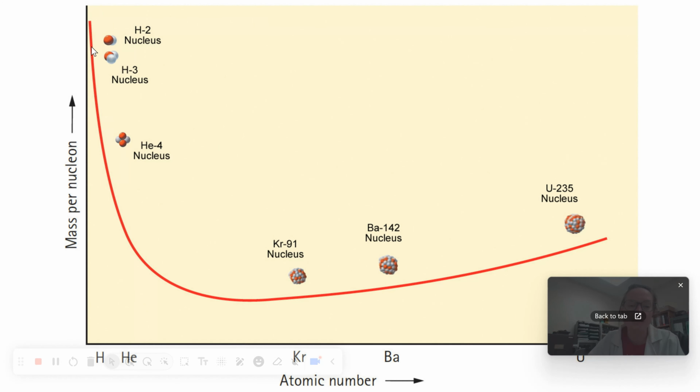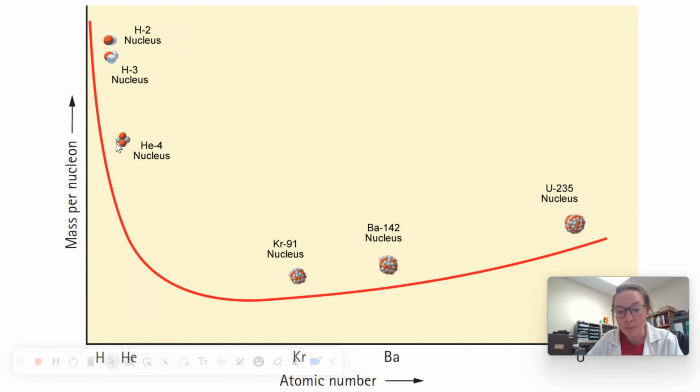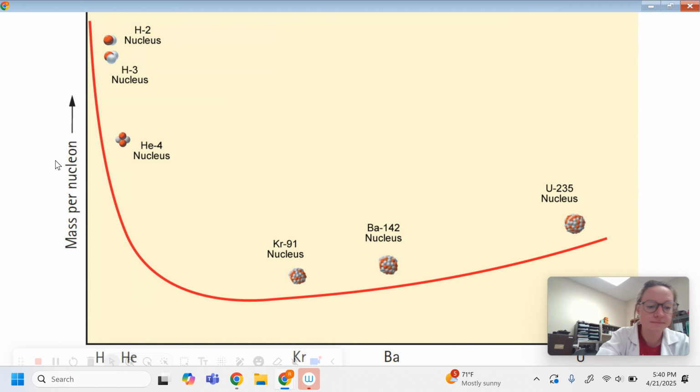If you are losing more mass, that also means that you are releasing more energy out into the world. If these protons and neutrons are releasing more mass, they're releasing more energy. That's the idea. So fusion gives you way more energy than fission does.